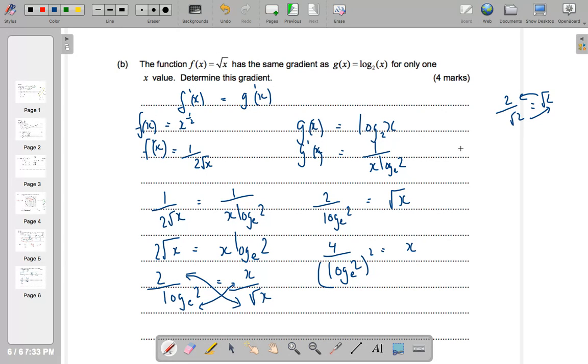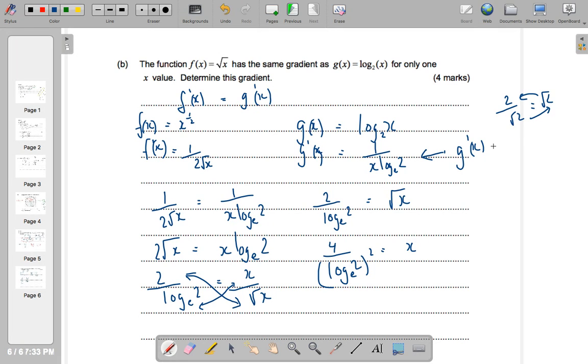So g dash x, you can see it beside here, next to where I'm writing. There it is. Okay, so I'm now going to substitute that value into there, and we'll see if we can get our final answer, our gradient.